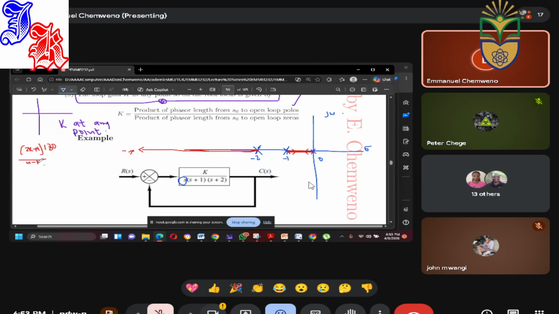How many poles? n is equal to 3. There are no zeros, m is equal to 0. So n minus m is equal to 3. We need 3 asymptotes because these are branches terminating at infinity. If there are no zeros, all of them will terminate at infinity. So for n is equal to 3, we need 3 angles.